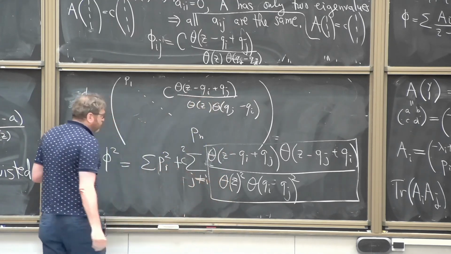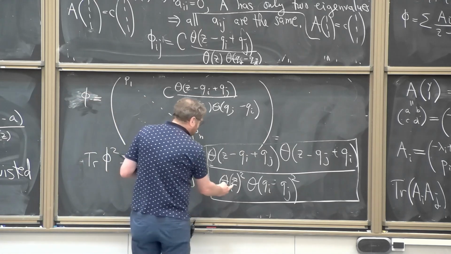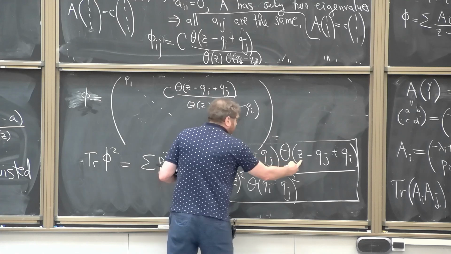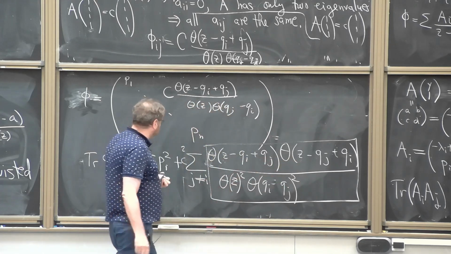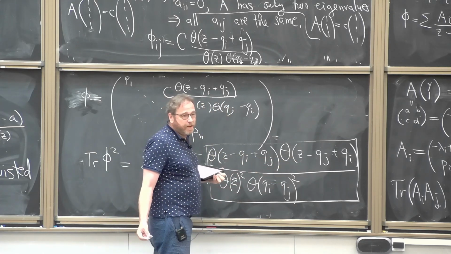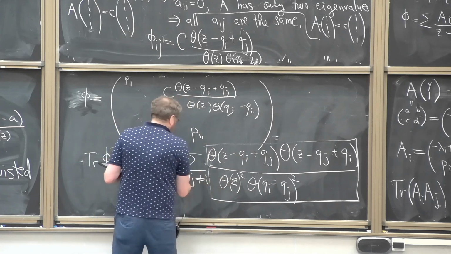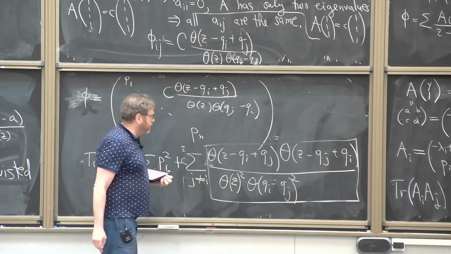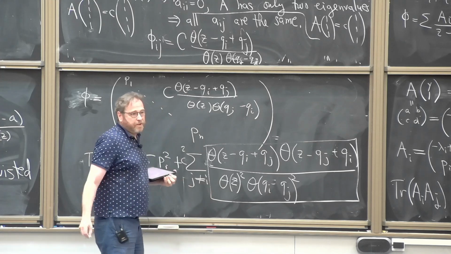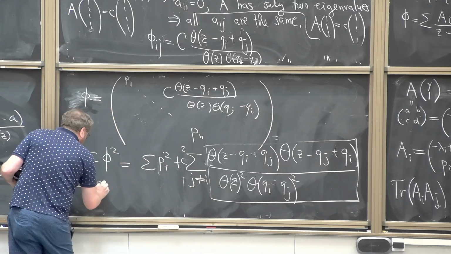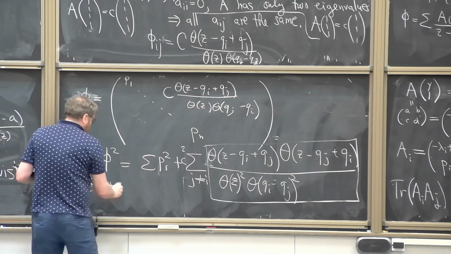If you take the z to the minus 2 coefficient, this will evaluate to 0, you'll just get a constant. So it's not interesting. The interesting thing you will get if you take the constant term of this Laurent series in z. So the constant term is going to be the sum of pi squared plus c squared.